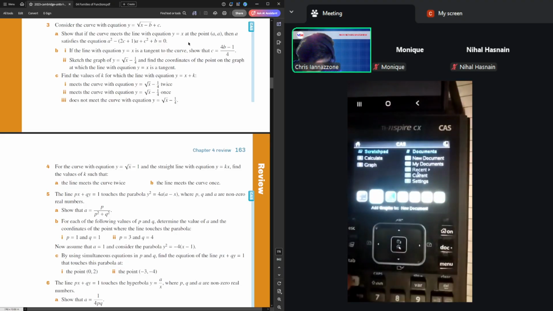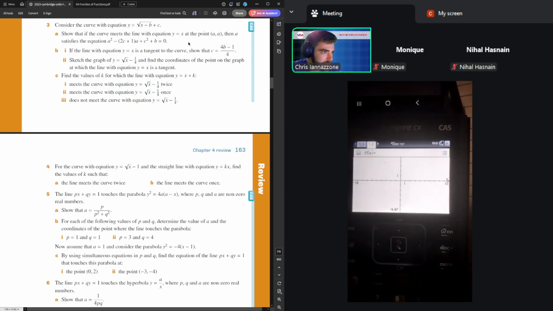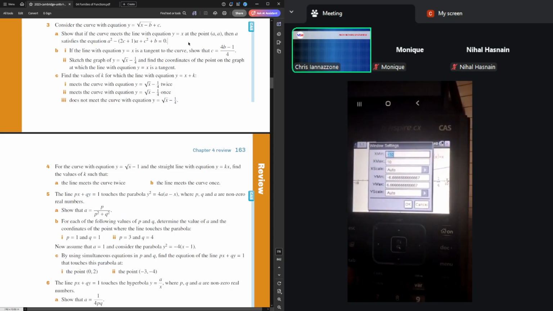Just to make sure, let's see if that actually is the case. So if we sketch the graph of square root x minus a quarter, we get that. Sketch the graph of y equals x, we get that. And maybe we'll zoom in a bit more. So we'll go from 0 to 1 on that.